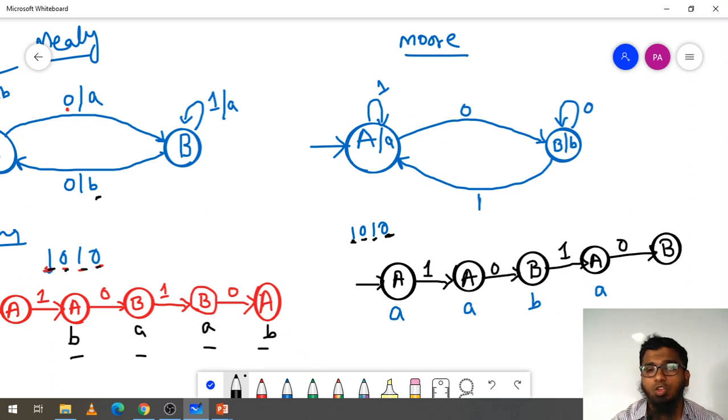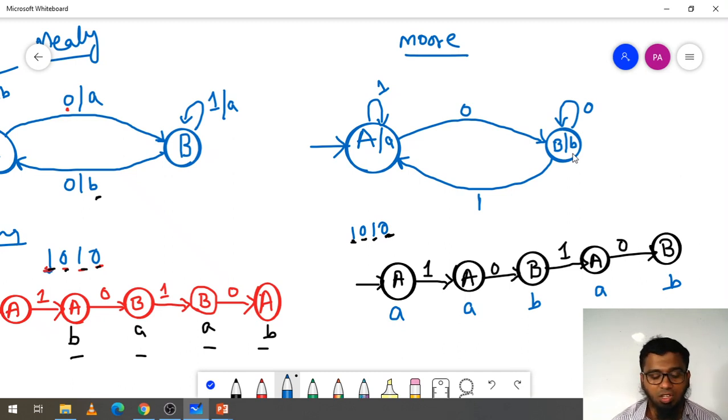A on 0 is going to B, and what is the output we are getting? Small b. Okay. When A on 0 is going to B, and what is the output we are getting? We are getting the B.